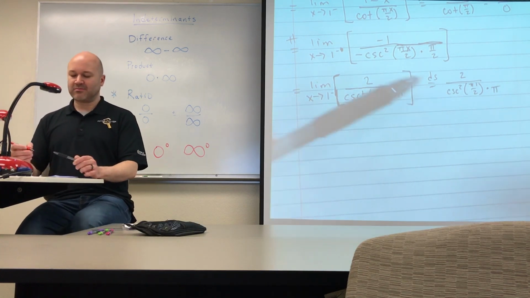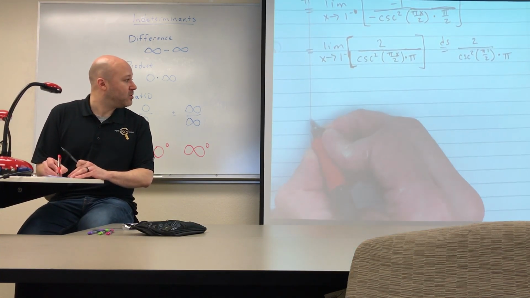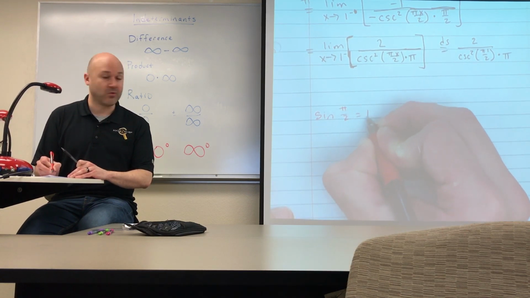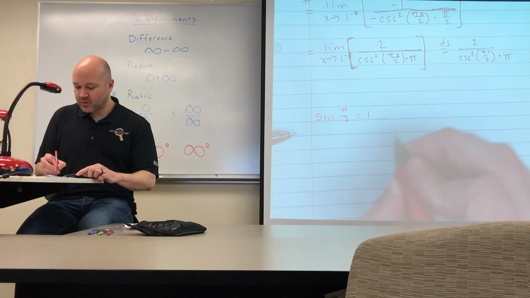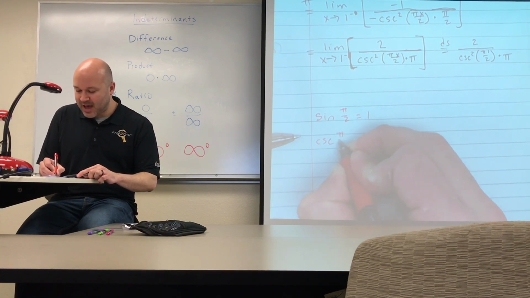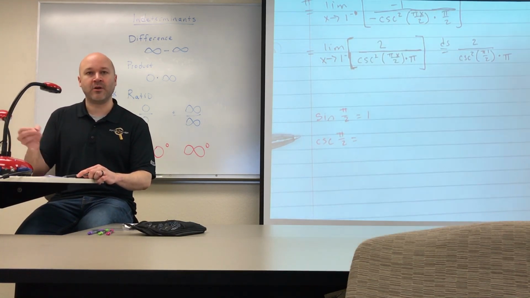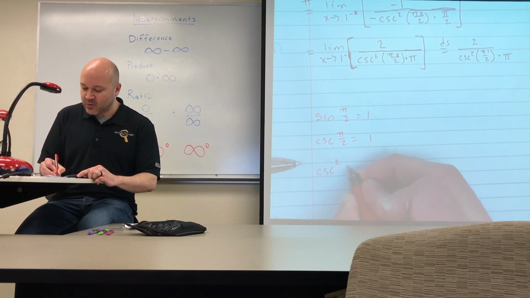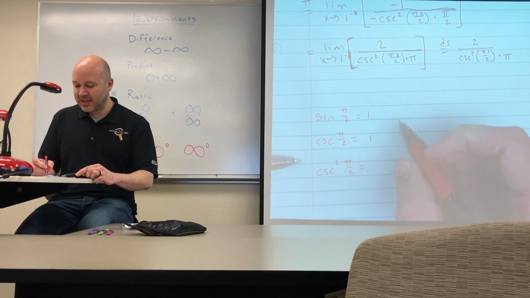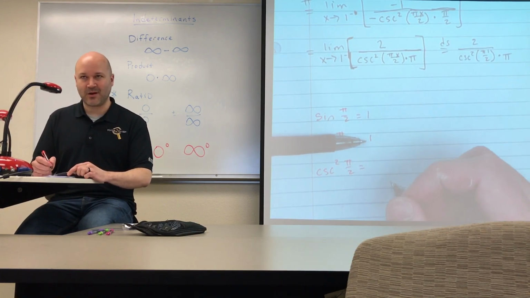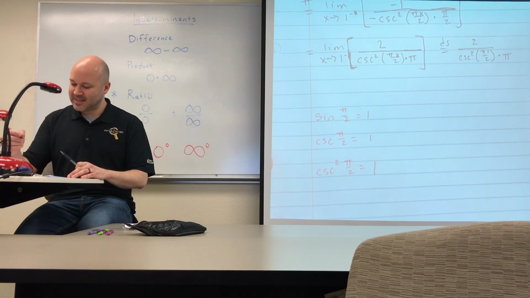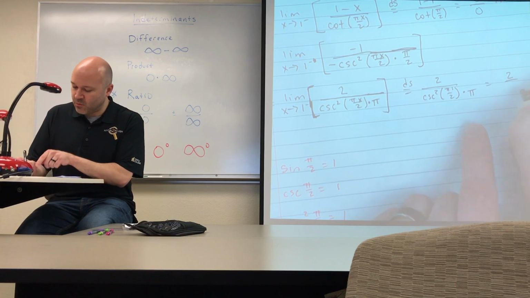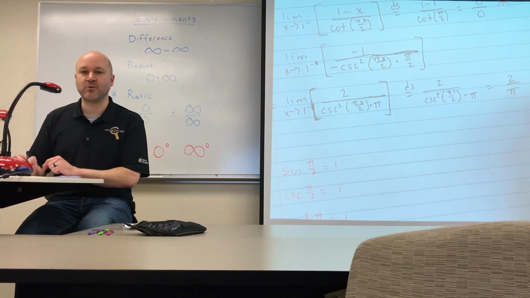The way I think about this, I know sine of pi halves is 1, so then cosecant of pi halves is the reciprocal, 1 over 1, which is just 1, and then cosecant squared of pi halves is simply that value, 1 being squared, and 1 squared is still 1. That's just 1. So I have 2 over 1 pi, or 2 over pi.